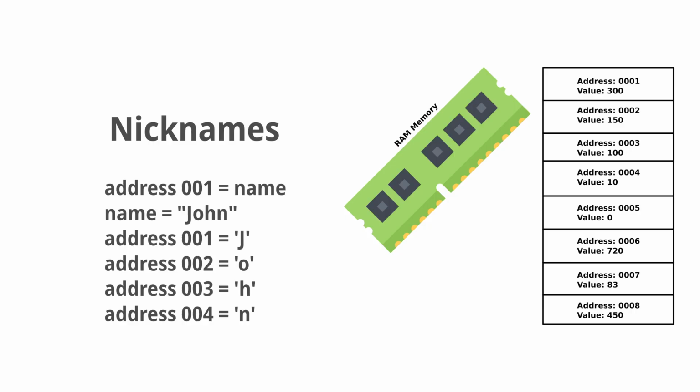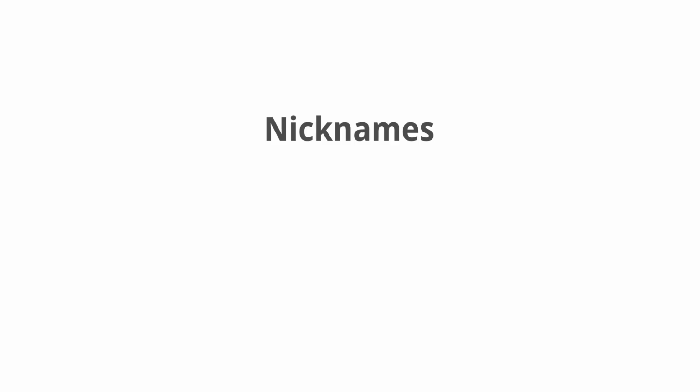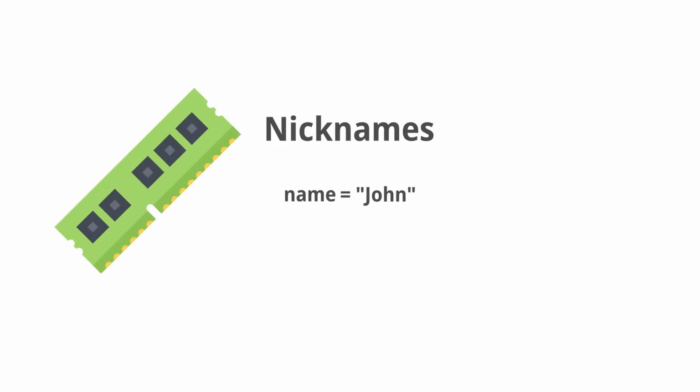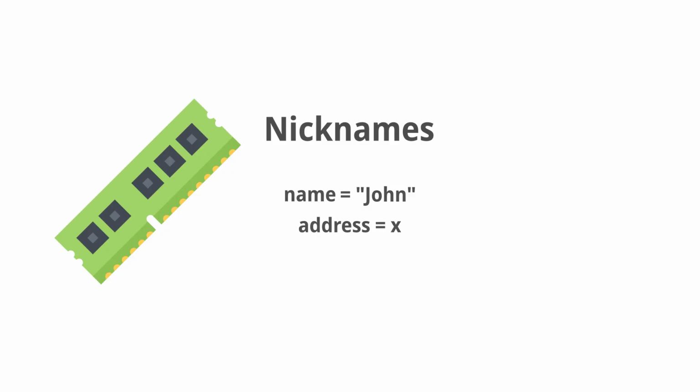For example, we can create a variable named name and store the name John, which is consequently stored in the computer's memory, rather than asking the computer to store the word John starting at memory address X. It would be a major problem for us to have to remember the memory address in order to retrieve the name John later on. So how do we do this?